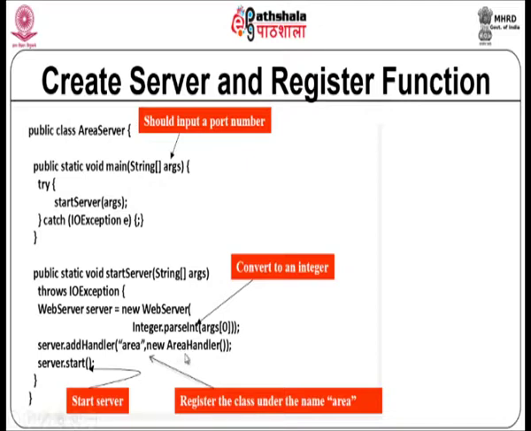We instantiate an object for that remote class, and then we bind it with a name called area. Once you bind the remote function, we start the server using the start method. So, remember, we first create a web server, use the method addHandler to register the function to the server, and start the server using the start method.